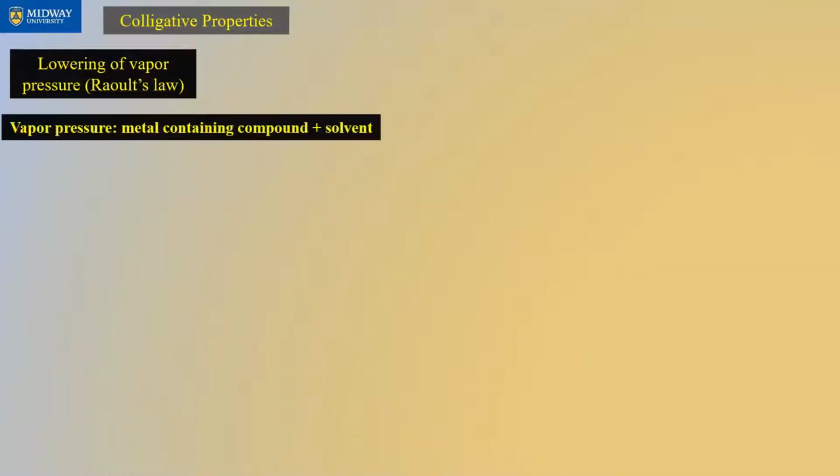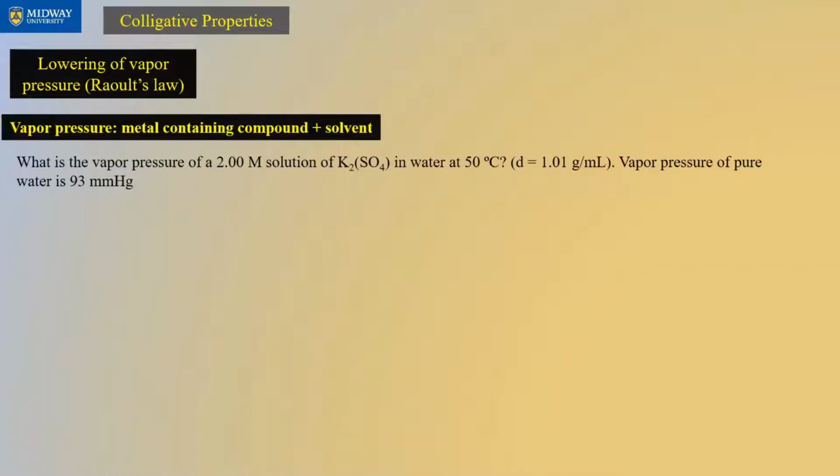So the equations are pretty much the same, but before we get there, why did I call it a metal containing compound? Because we go back to the start and look at the definition of colligative properties. It said a number of solute particles, and at that point I said the word number has a very particular importance.